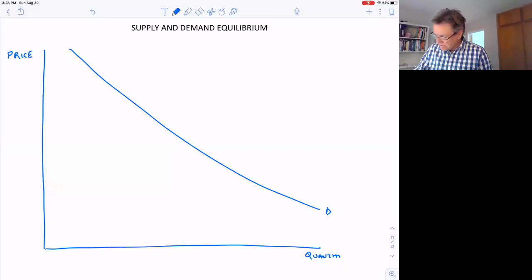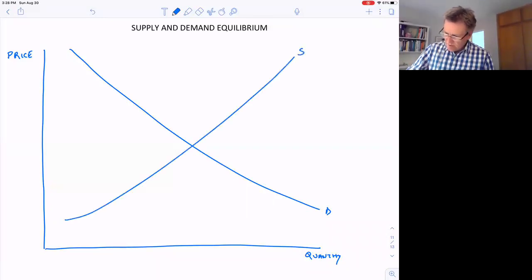Now, when it comes to supply, once again, price is on the vertical axis. Quantity supplied, which is a quantity, is on the horizontal axis. We can draw the supply curve, and the law of supply is that supply curves slope upward. Now, right here where they cross is referred to as an equilibrium.